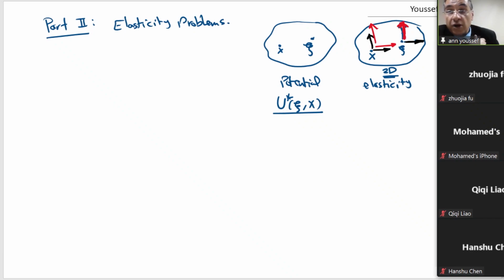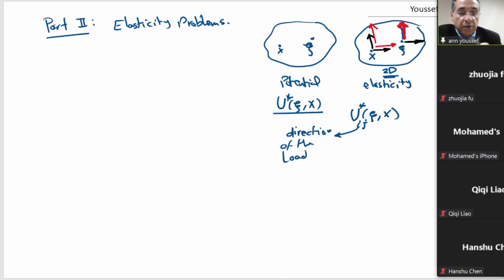So now we are going to define our fundamental solution using not only 2 points xi and x, but with 2 indices, i and j, or alpha and beta. The first index is the direction of the load at xi.